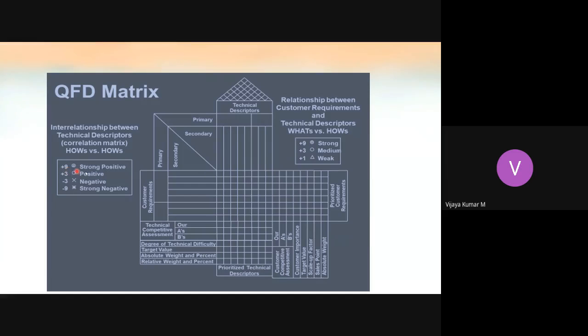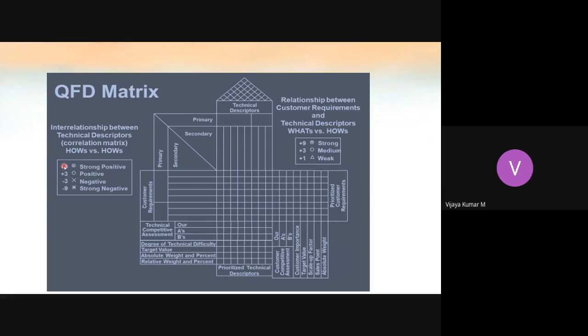If it is strongly correlated, then it is called strongly positive. You may mention it with the symbol called plus. This is the symbol you will use, and the number you will use is +9. If it is somewhat less strongly positive, that is called positive, then you will use this symbol, and this is the number you will generally give.